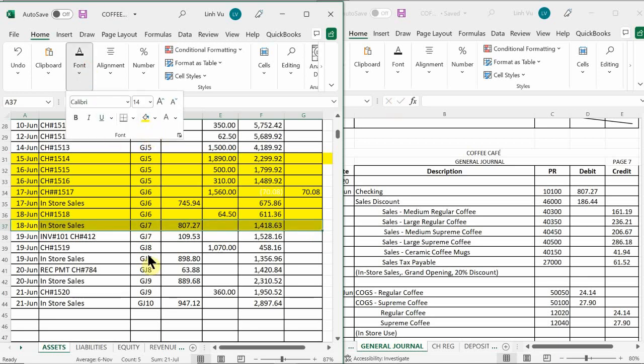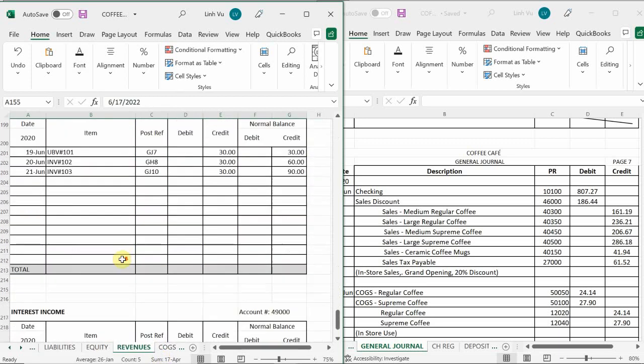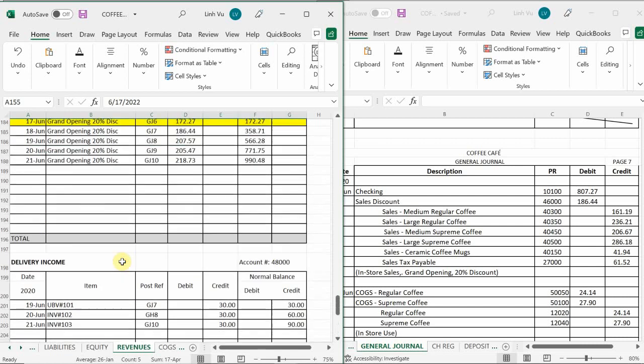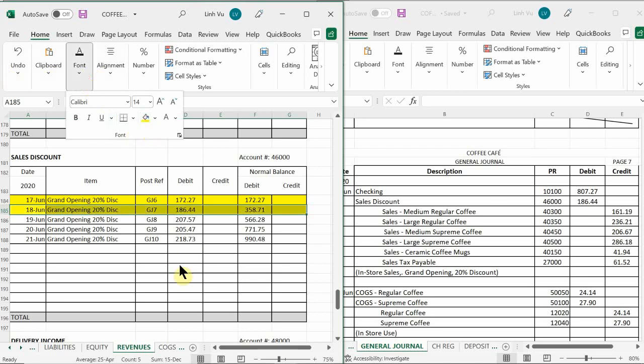Okay. Then we also have a sales discount. Here you go, sales discount for the $186. Okay.